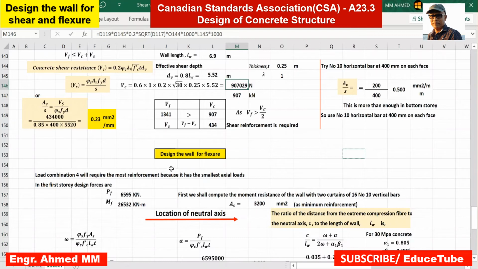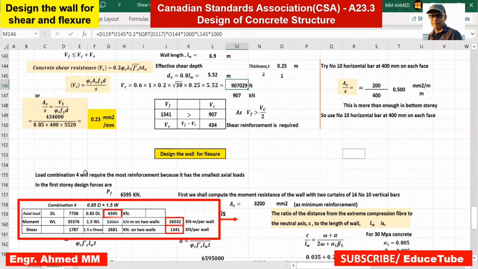As well, load combination 4, which means 0.85 dead load plus 1.5 wind loads. Already we have seen this in previous slides. That was load combination 4. And that combination will require the most reinforcement because it has the smallest axial load, because we are taking 0.85 dead load.